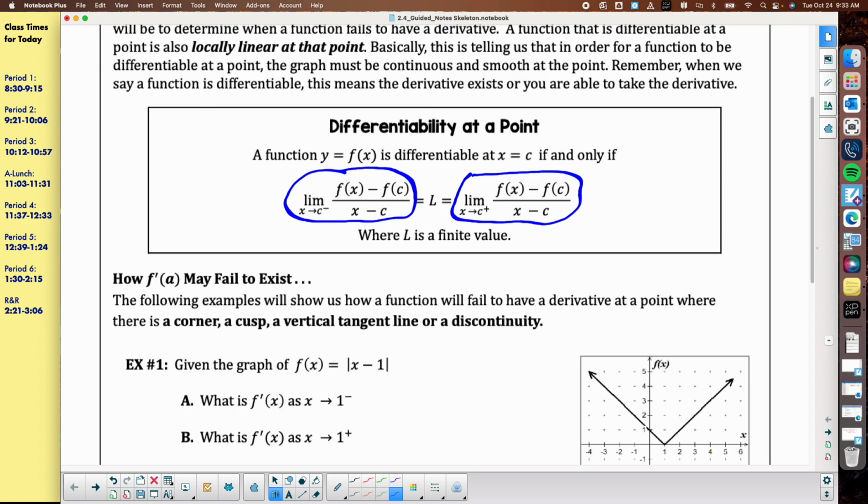Like what the formula is? What does it stand for? What is it finding? The prime. Derivative. That's what the prime is, the derivative. So f prime means derivative, which means slope.